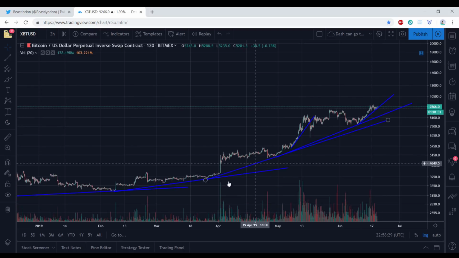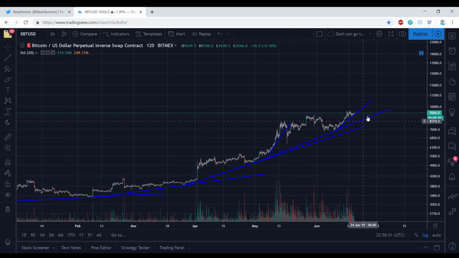So those are, in my opinion, as we're looking at this, we see it following the trend. I'm hoping that it keeps doing this, and when it breaks through 10K, it should see a pretty big reaction, just because 10K is a very strong psychological number.